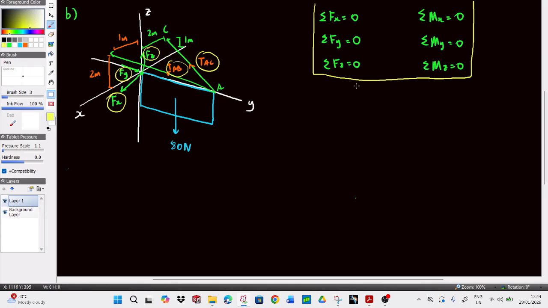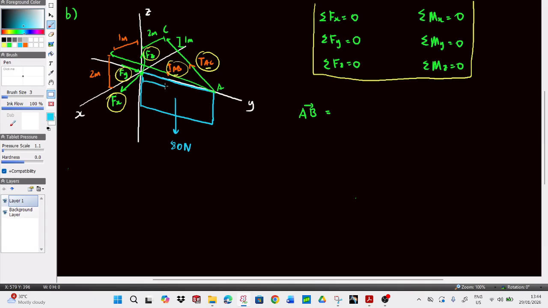So how do we solve this? First things first, I want to find the tension vectors, at least express them in terms of their x, y, z components. And how are we going to do that? It's actually fairly straightforward. We have our vector AB, and if we write a position vector, it's simply what? Oh, I forgot one more important thing actually.